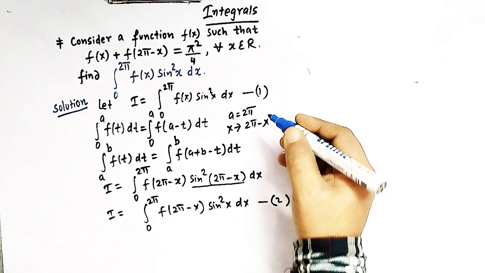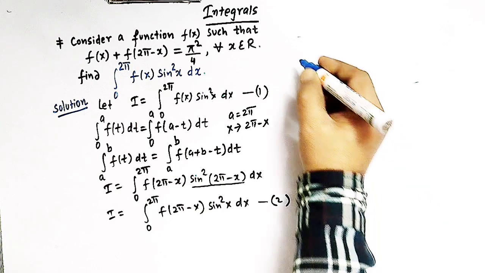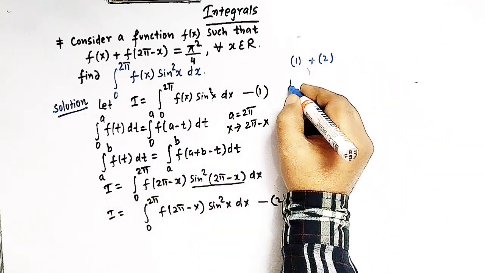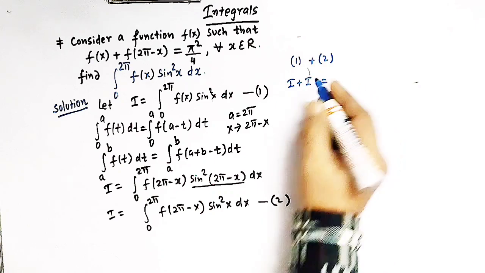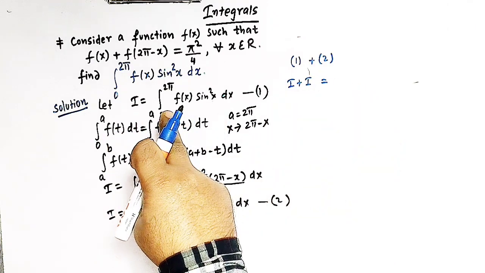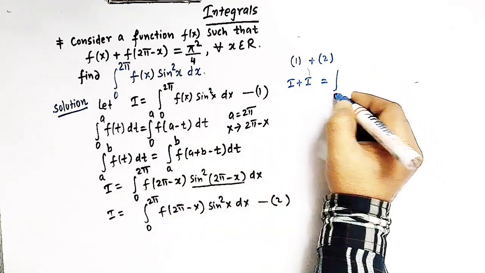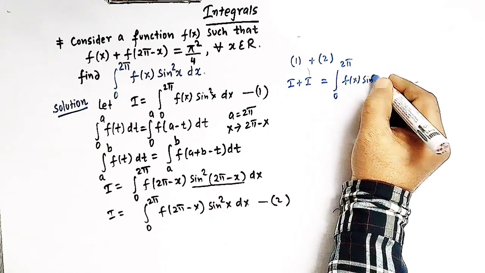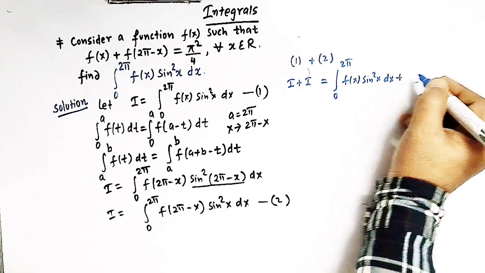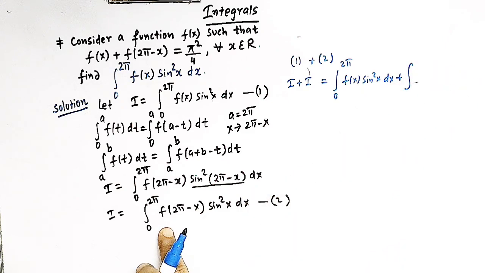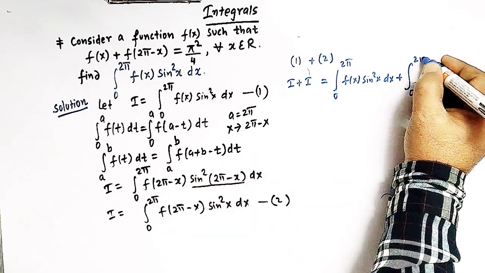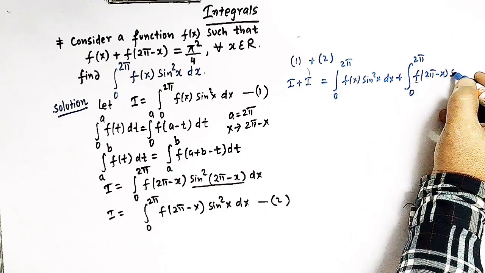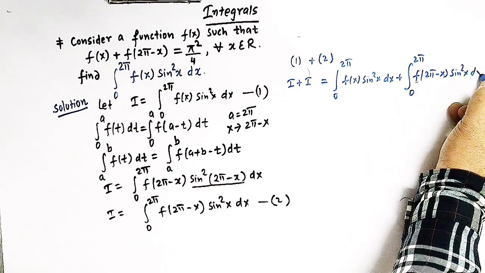Now let us add 1 and 2. Adding 1 and 2, we get I plus I on the left hand side, and on the right hand side we have the integral 0 to 2 pi of f of x sine square x dx plus the integral 0 to 2 pi of f of 2 pi minus x sine square x dx.